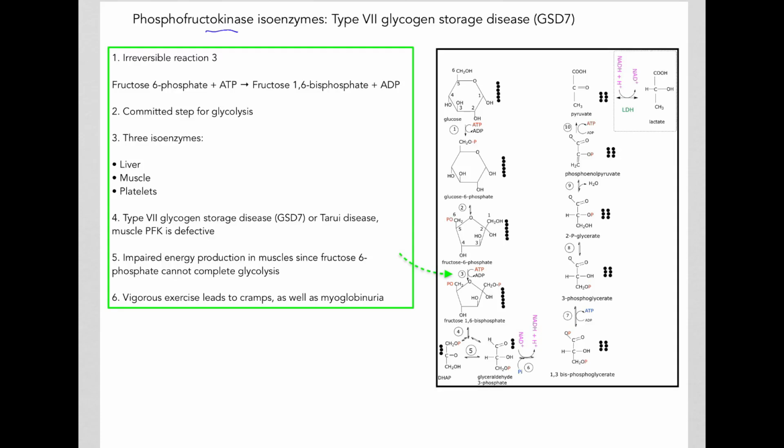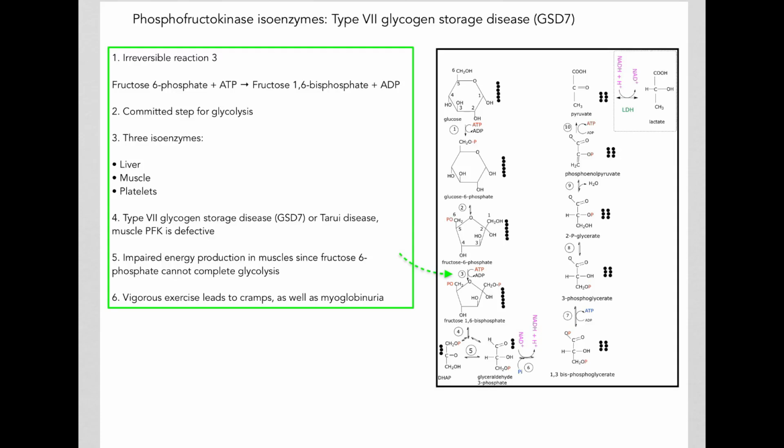There are 3 major isoenzymes of PFK, one that you find in the liver, the other mostly in the muscles, and the third one in platelets. In type 7 glycogen storage disease, or GSD7, also called Tarui disease, the muscle PFK is the one that is defective. So this genetic defect affects the gene for the muscle PFK.